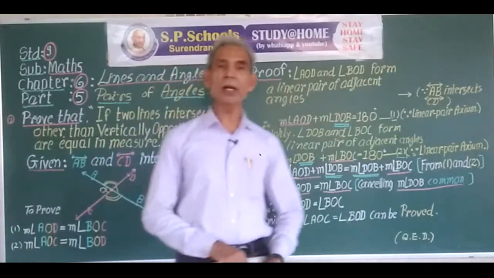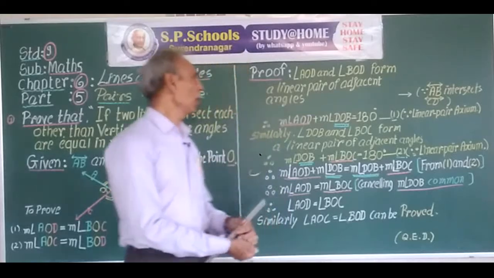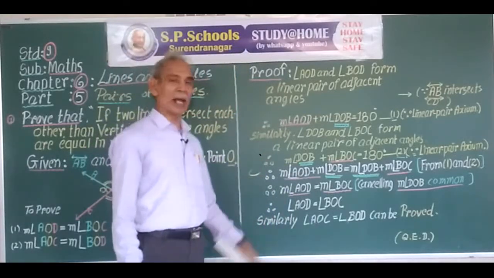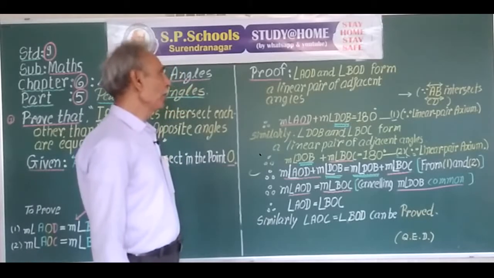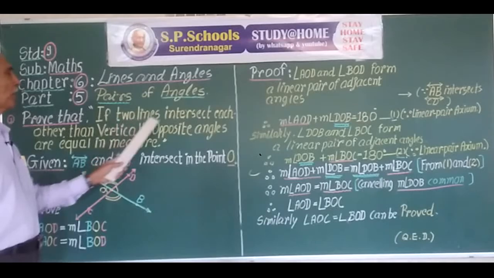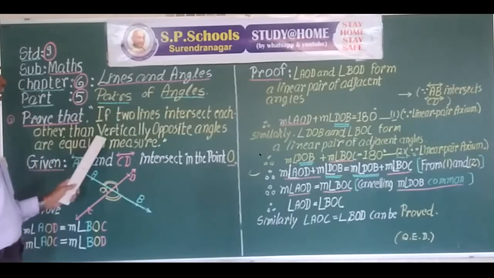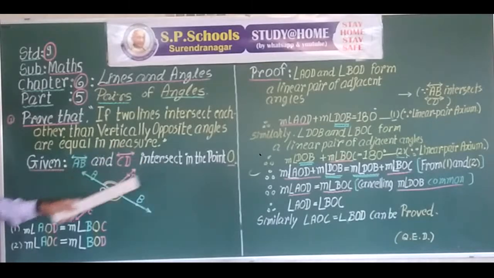In geometry, we have to give the proof by logical statements and reasons, and we prove the given fact: if two lines intersect each other, then vertically opposite angles are equal in measure.